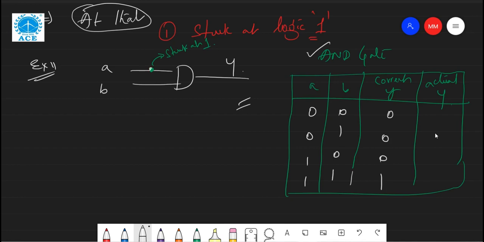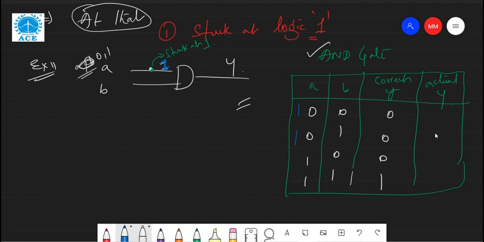Whatever the value of A you are giving, 0 or 1, this one is 1 only, because it is stuck at 1, fixed value. Okay, no matter whatever the input connection or output connection, the fixed value is 1, right, at this point. So see, all the time in this case 1 only, right?